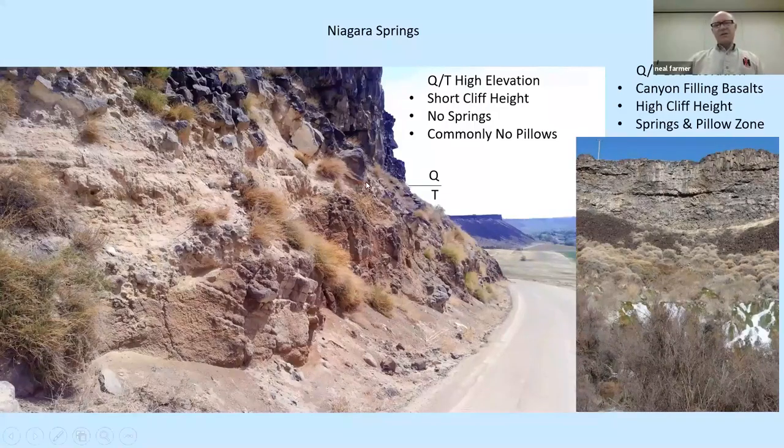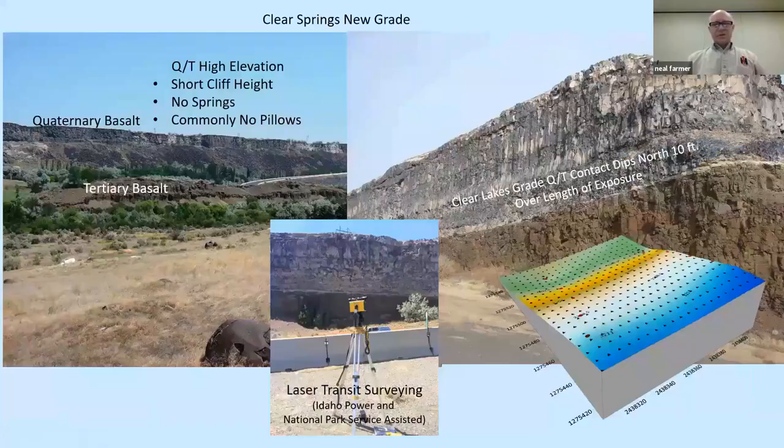As you can see in other slides, these Tertiary sediments and basalts tend to have a convex weathered surface or profile in the canyon wall, and we'll see that in some other photos. We move up to Clear Springs Grade, a little further west.